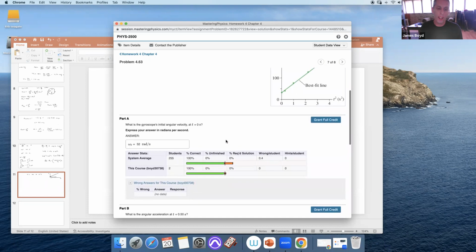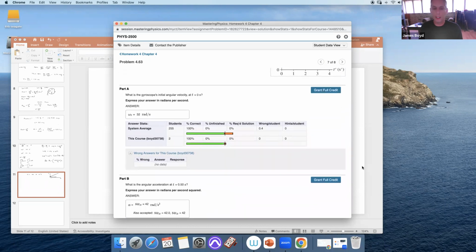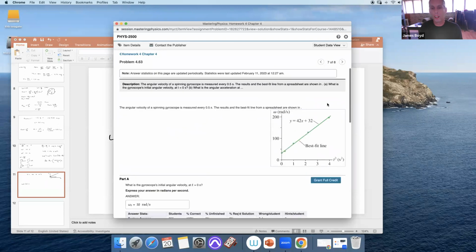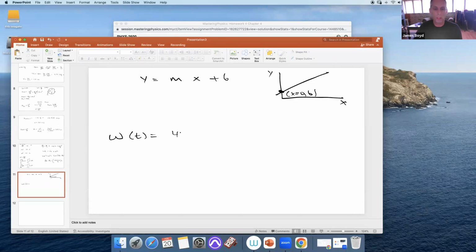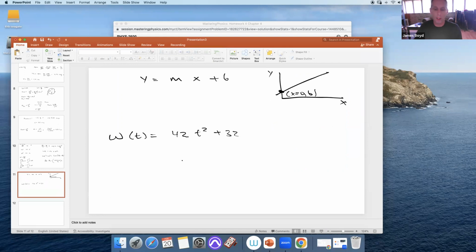However, then we want the angular acceleration at a time of t equals 0.5 seconds. Our line is omega of t equals 42 t squared plus 32, because the x in our problem is t squared. Alpha is the time derivative of omega of t. Taking the time derivative, the 2 comes down and I get 84 times t.